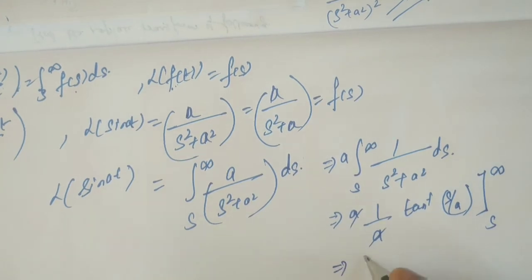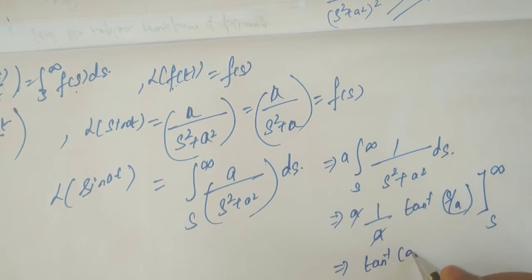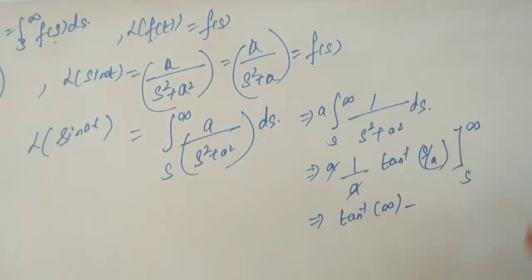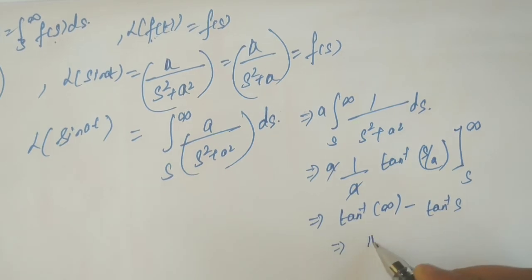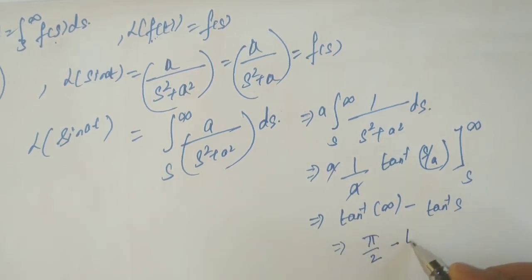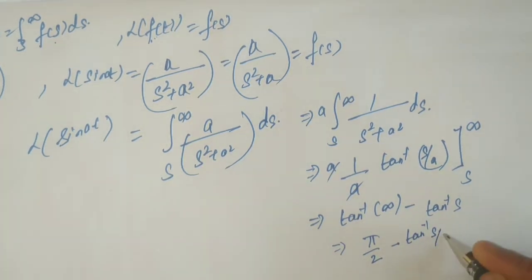So a cancels out. So we have tan inverse of infinity minus tan inverse of s by a, which is pi by 2 minus tan inverse of s by a.